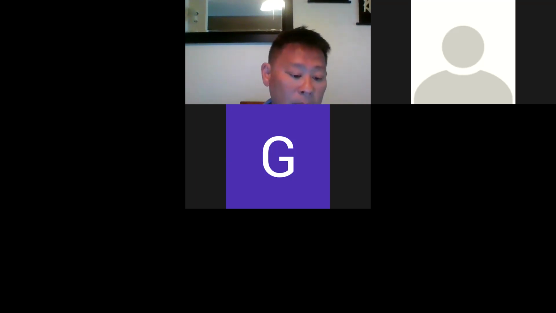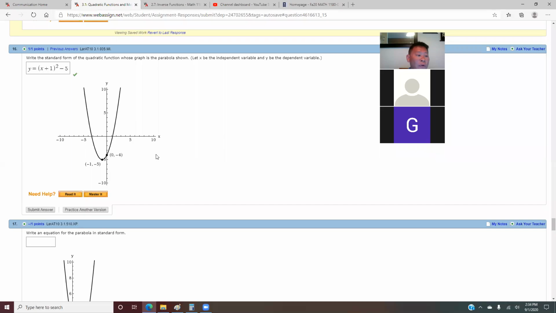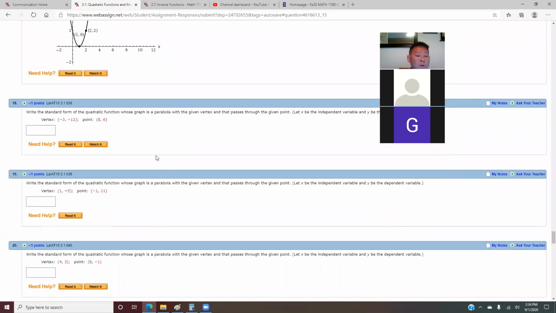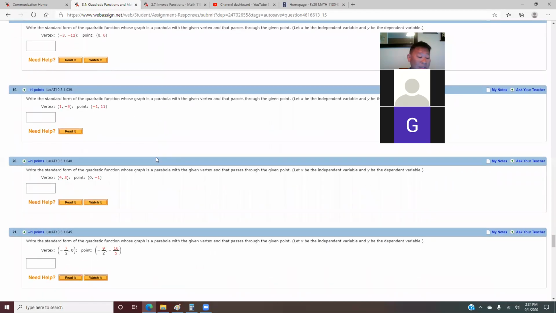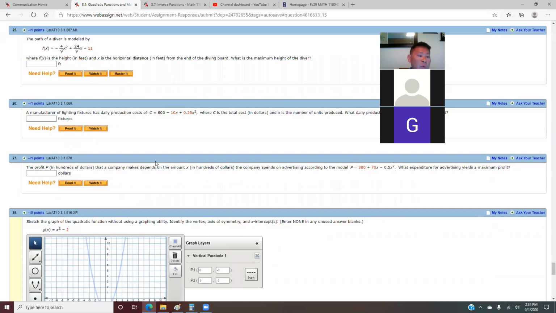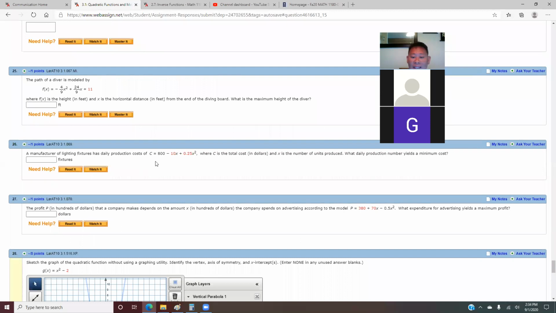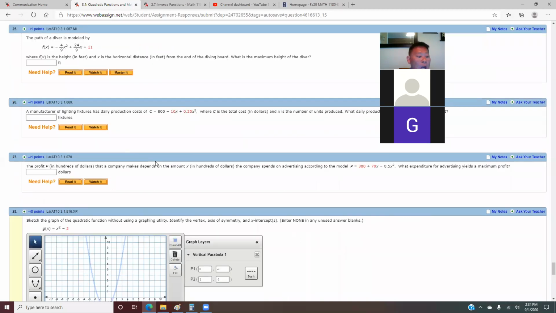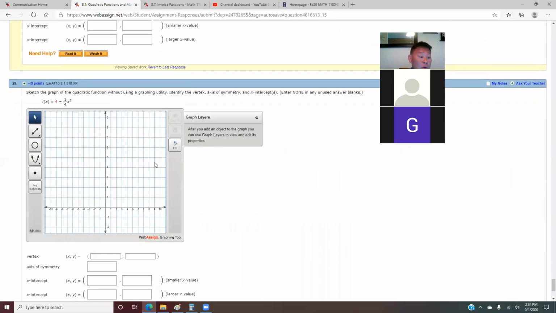So how do you know if a question needs decimals or not? Read the question carefully. If they don't ask for decimals, that means they want everything in square root form. We call it the exact form. But if they want it in decimal form, you will need to use your calculator.